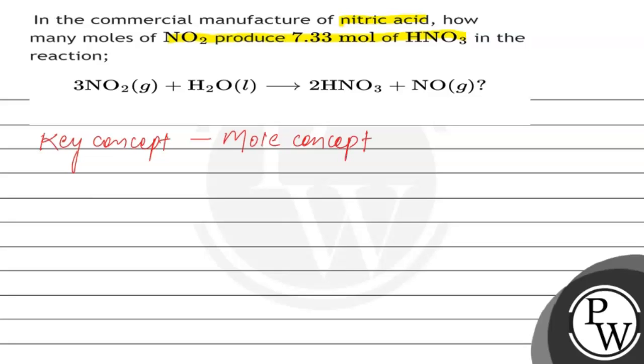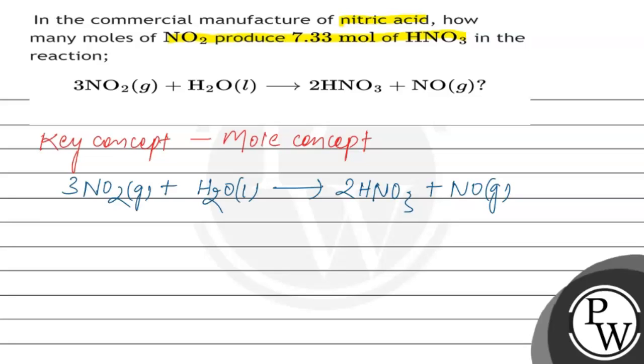So जैसा कि reaction में given है, so from the reaction we can clearly see that 3 moles of NO2 produces 2 moles of HNO3.